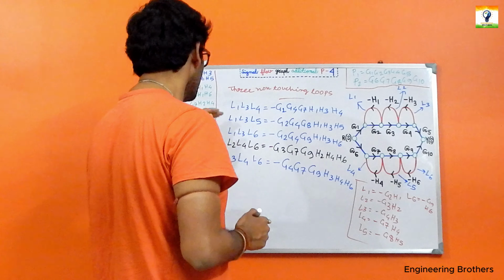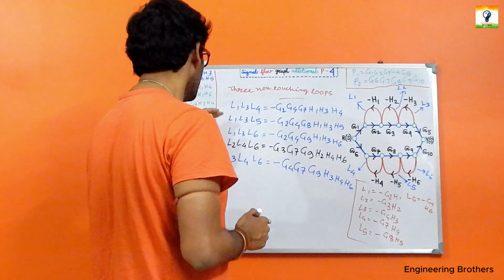And for the fourth one, we have got L2, L4 and L6. These are our three non-touching loops. And last but not the least, we have got L3, L4 and L6. We have missed three non-touching loops in this given part. And what is that one? That one should be L1, L4 and L6.